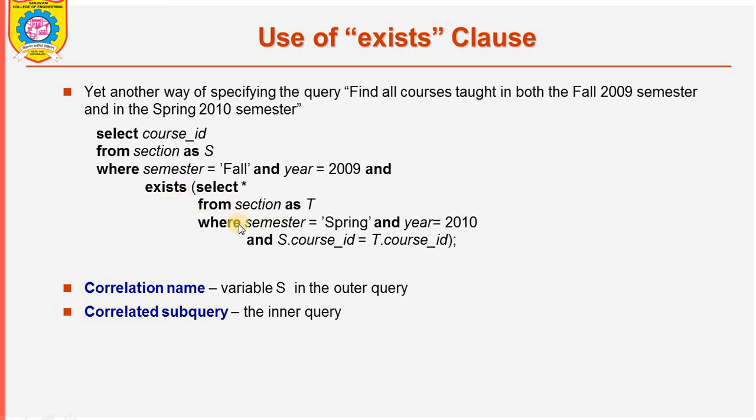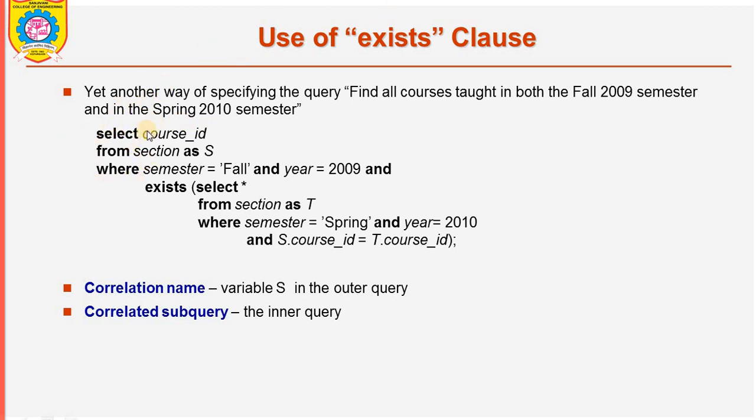So the condition will apply here on all the records, that spring 2010 and S.course_id matching is going on in the set. If it matches, that means the particular course_id is in fall 2009 and also in spring 2010. Hence exists will return true and the course_id will be displayed in the output relation. Now again the second record will come from the outer query.